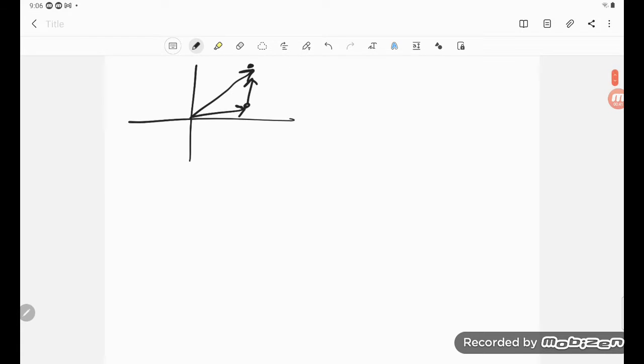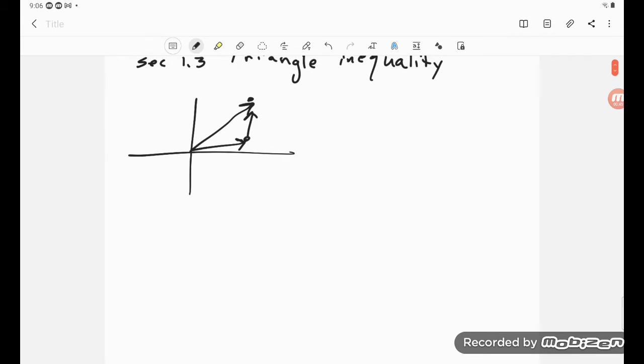That's really what it's saying. And that's why it's the triangle inequality: the hypotenuse is going to be shorter than the sum of the legs.